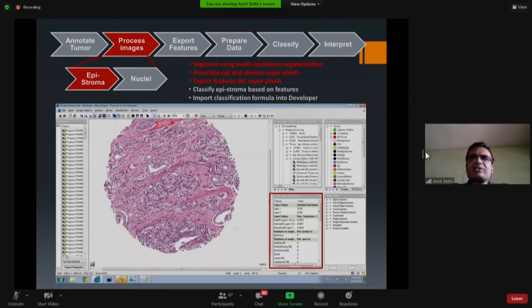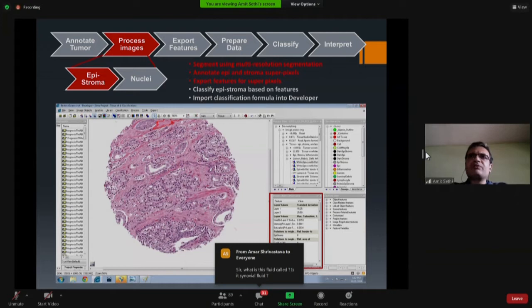That epistroma classifier, we developed in R. What we did was we divided the image into small segments, and for each segment we extracted a lot of features, such as the average redness, the average blueness, and so forth, and some texture features using a computation called gray level co-occurrence matrix, GLCM. So all these we applied to extract multiple features from different segments of the tissue.